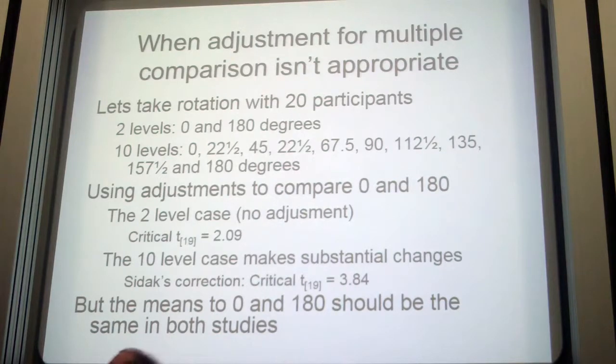So people's obsession with making corrections for multiple comparisons uniformly comes from not understanding what the comparisons are making and how the changes that they're making affect the result. There are situations like this where it makes no sense to increase the difficulty of getting something.